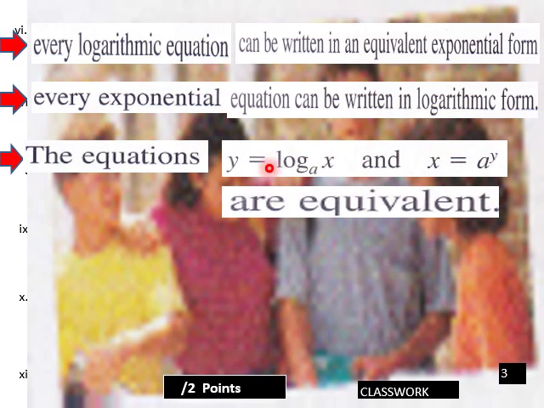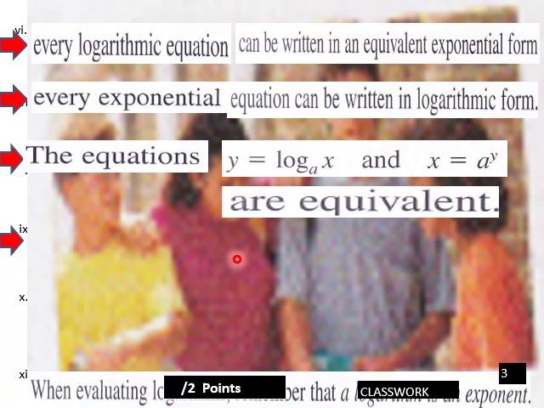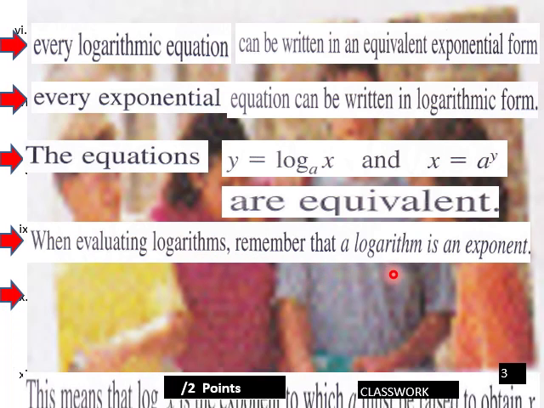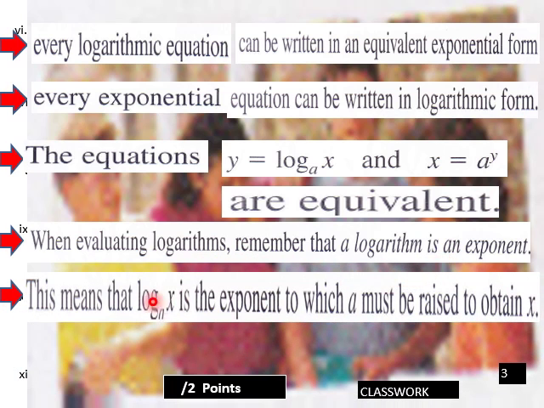Every logarithmic equation can be written in an equivalent exponential form. Every exponential equation can be written in logarithmic form. The equations y equals log base a of x and x equals a to the y power are equivalent. So these are different forms of the same thing here. When evaluating logarithms, remember that a logarithm is an exponent.